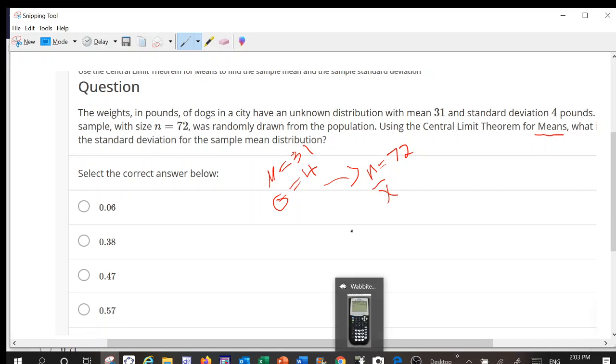Okay, now use the central limit theorem for the means. What's the standard deviation for the sample mean distribution?